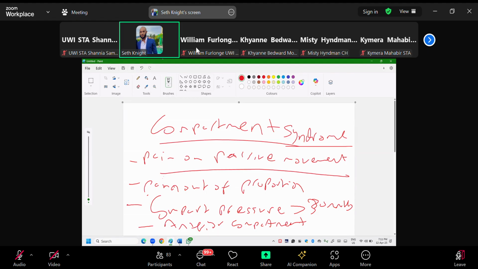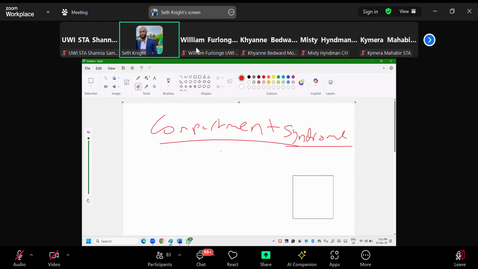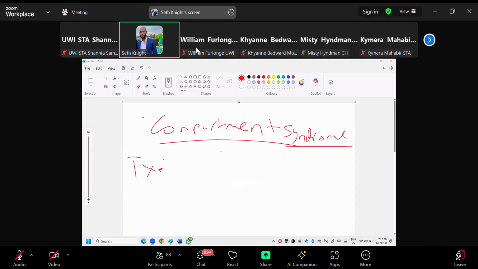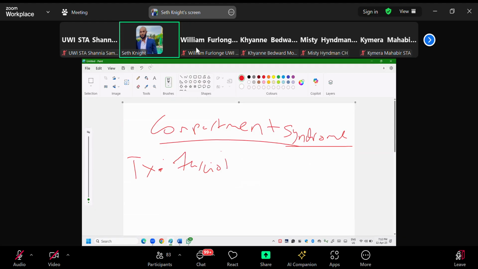Either way, how do we treat compartment syndrome? I'm asking you all this in the chat. Patient presents with pain out of proportion, pain on passive movement, they had reperfusion. Are we going to treat them? Fasciotomy. Fantastic, right? Specifically, you say fasciotomy of all compartments.